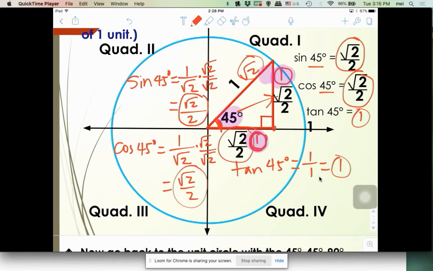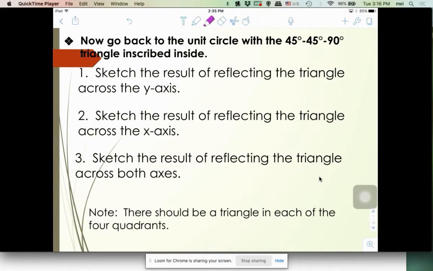Again, the right triangle is reflected across the y-axis. So let me clean up the board a little bit.